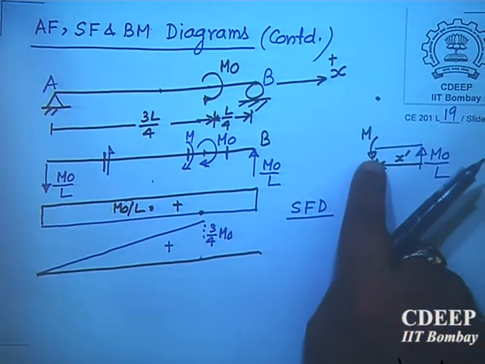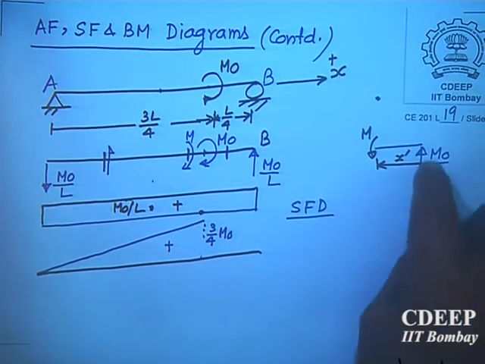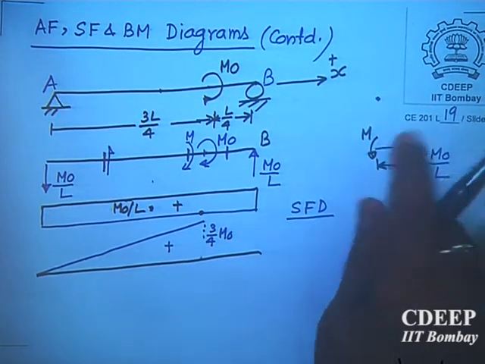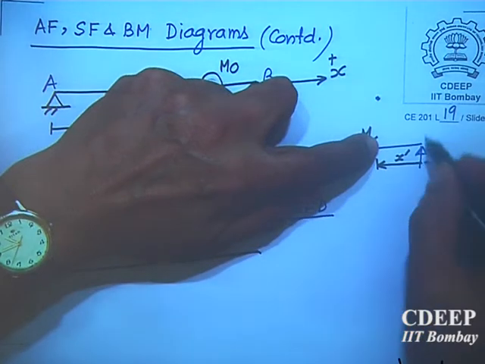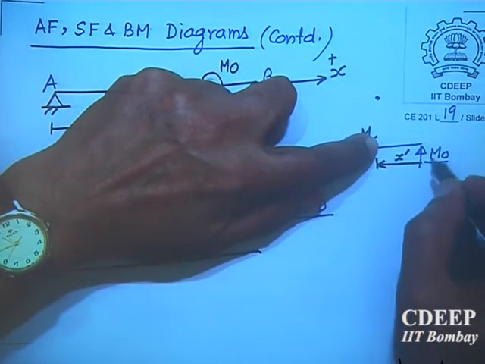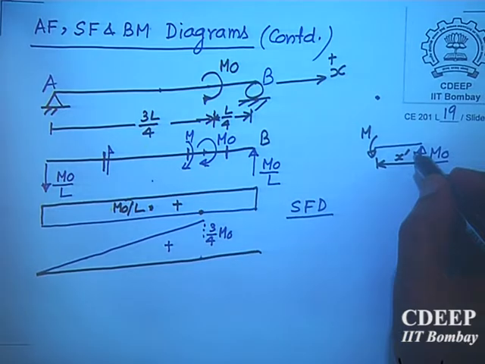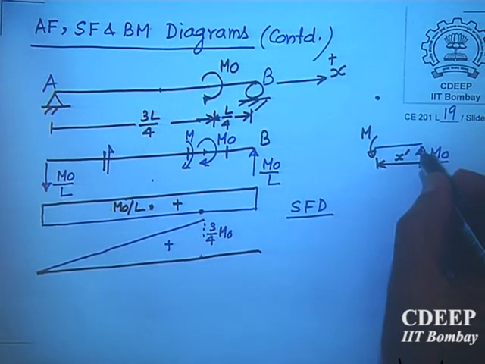But on a negative X face also my bending moment is positive, like this. So what will be this? This is negative because this is M naught, this is M. So M plus M naught by L into X dash must be 0. Therefore, it is coming negative. This bending moment is negative here. Do you agree or not?